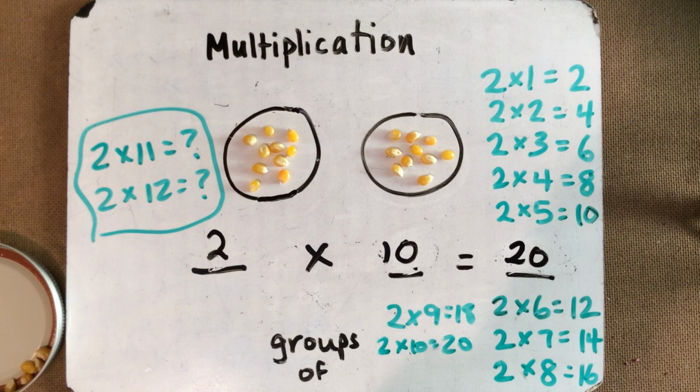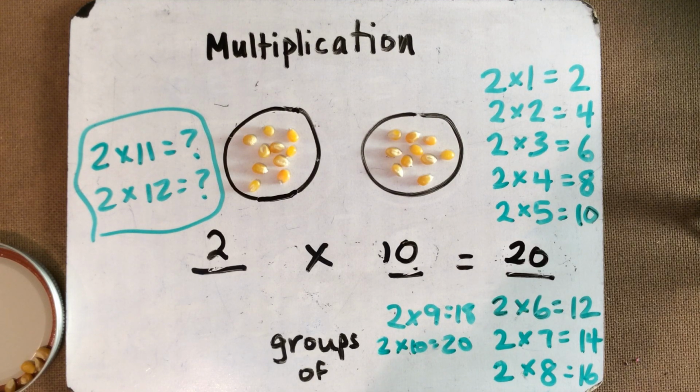Twice as much. 2 times 9 is 18. 2 times 10 makes 20. 2 times 11 is 22. And 2 times 12 makes 24 for you.